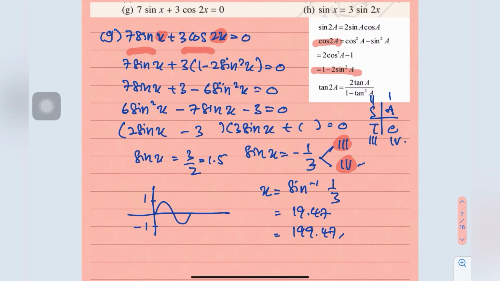In quadrant 4, 360 minus 19.47, which is 340.53 degrees. So these are the solutions of this question.